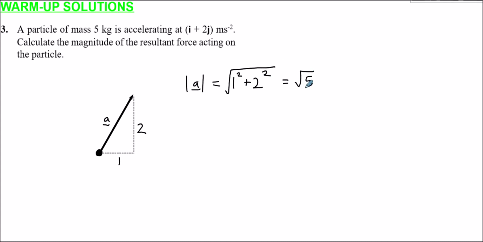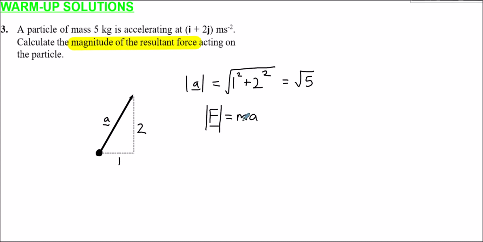And because that's not the final answer, we want to work out the magnitude of the resultant force, I'm going to leave it in exact surd form for now. Now we can apply F equals ma. So the magnitude of a resultant force, we can now use this idea of magnitude to help us. So magnitude of resultant force is actually this.